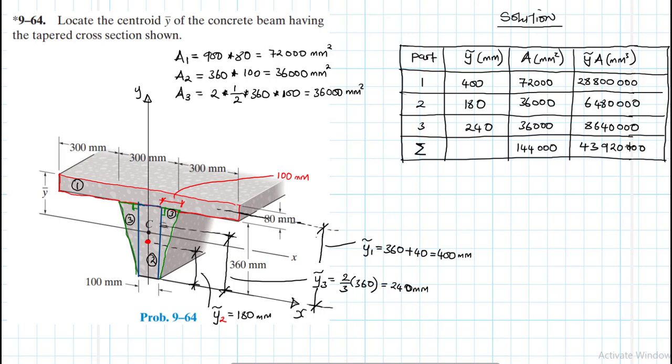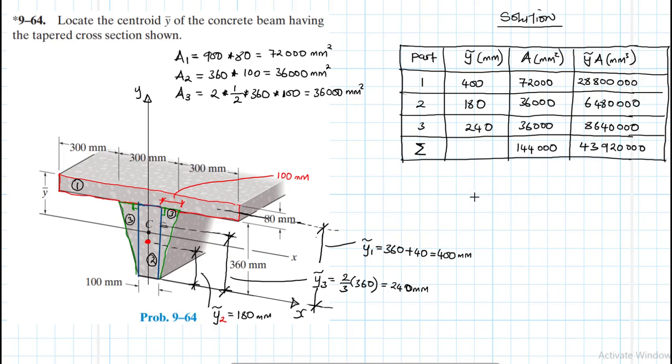If I just say 28.8 plus 6.48 plus 8.64, I have 43.92. Okay, which is okay.